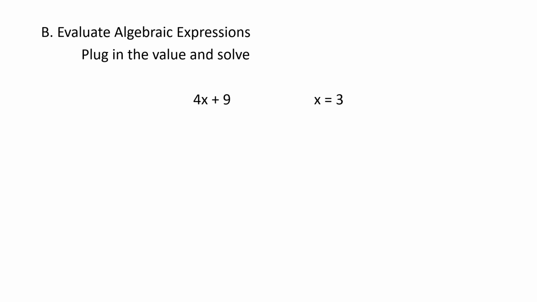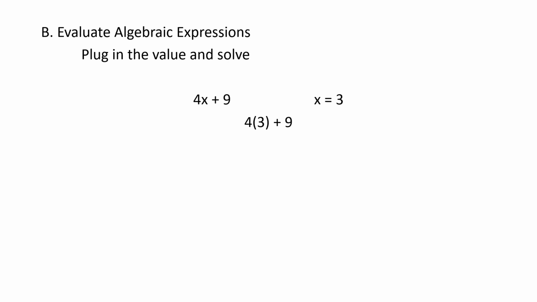You are told in this case what x is, so all you're going to do is plug that x in. You're going to replace the x in the equation with the value of x. So it's going to become 4 times 3, because we've switched the x out for its value, plus 9. Remember that that 4x means 4 times x, not 43, but 4 times 3.